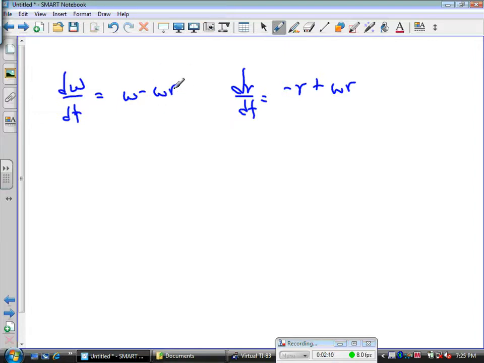That's what this is. It's an interaction term. If R is 0, then you get this. Don't you? What does that mean? The dW/dt, the rate of growth of the worm population over time, is proportional, the constant of proportionality happens to be 1, to the number of worms present.